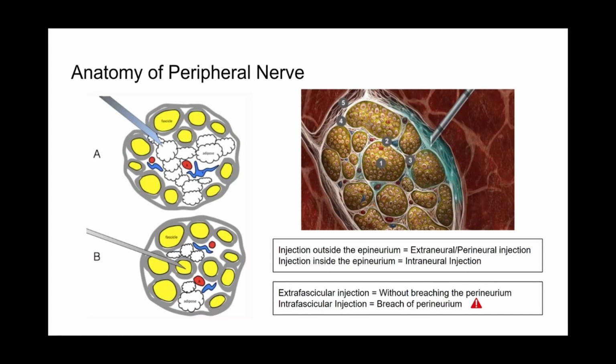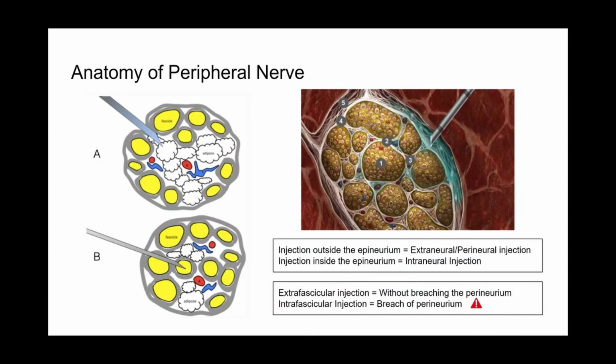Now that we have some knowledge of the structure of a peripheral nerve, we should apply it to our peripheral nerve blockade. An injection outside of the epineurium, which is the outermost layer of our peripheral nerve, is called an extraneural injection.